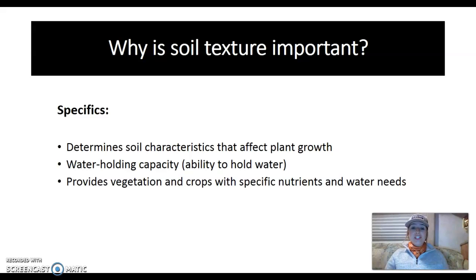And it provides vegetation and crops with specific nutrients and water needs. Let's go ahead and take the next 10 to 15 seconds to write that down on our reference sheet.